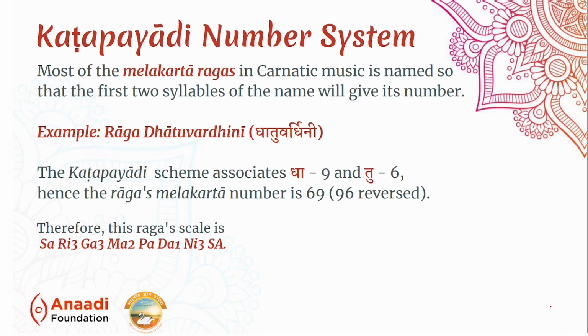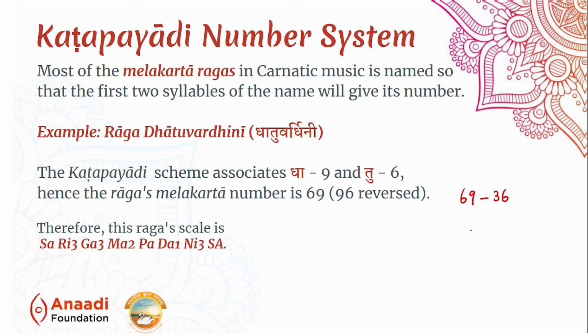Now, let us look at this raga Dhatuvardhini. So, the first two syllables are Dha and Tu. If we apply the Katapayadi number system, the Melakarta number that we get is 69. Now, 69 is greater than 36, right? So, hence we have Ma 2 here. Now, what should we do? We should first subtract 36 from 69.